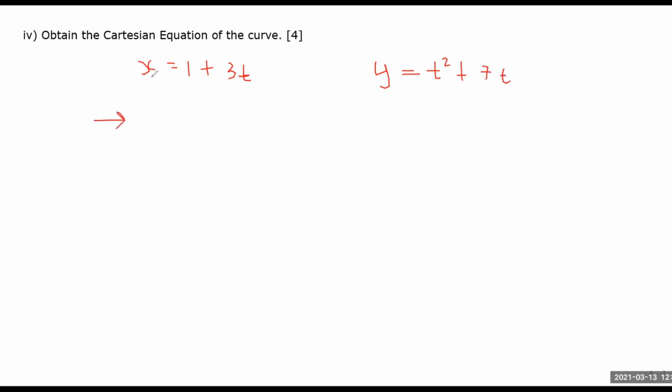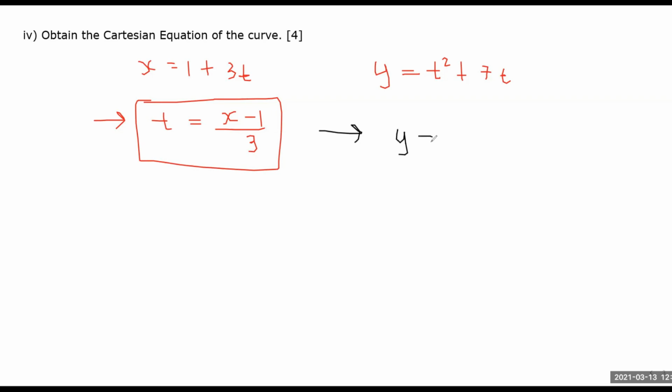So that implies that t is equal to (x minus 1) over 3. From this equation, t is equal to (x minus 1) over 3. Now we're going to plug the new expression for t into y.